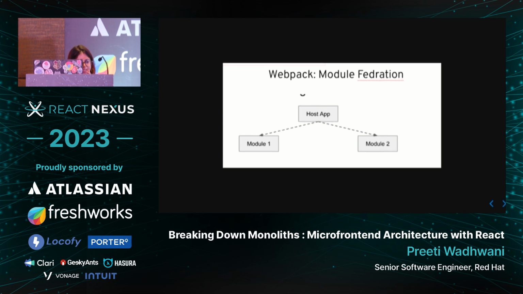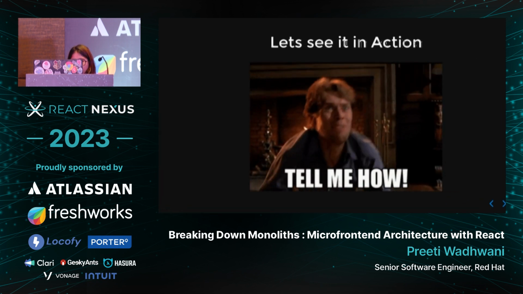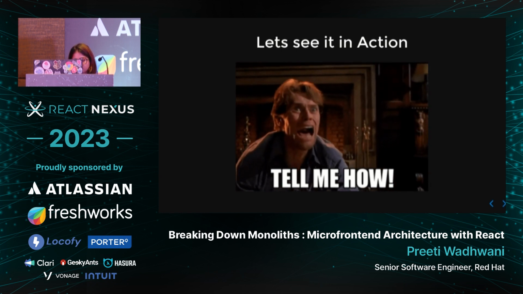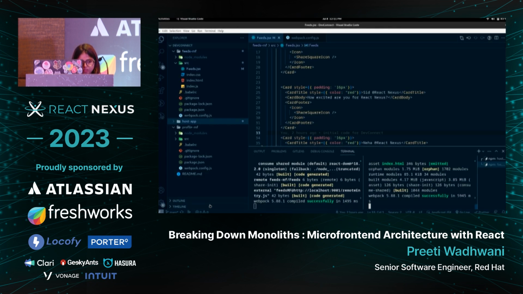For example, feeds will be one module, profile will be one module, and you have to discuss with your team and decide how you want to architect your different modules. So let's see a bit of the code and sample code of how we can do that. I've created a sample app.